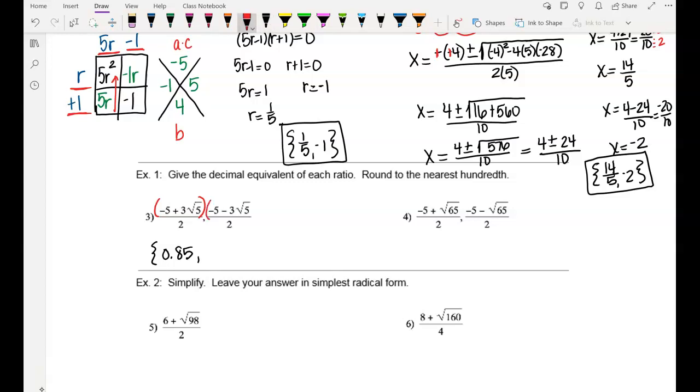I'm going to put the second one up just so you can compare. So if I do -5, start my parentheses, -5 minus 3√5, finish my parentheses, divide by 2.